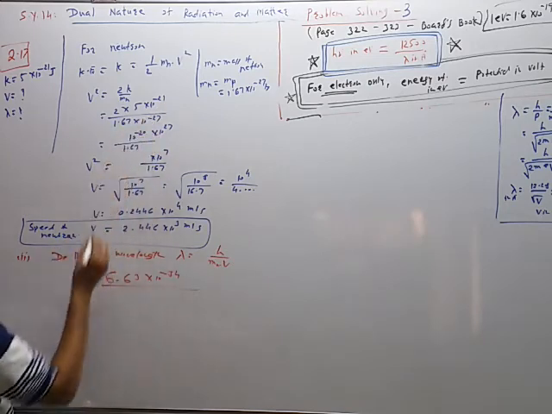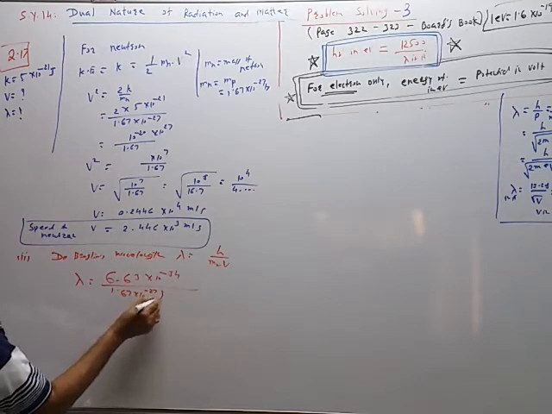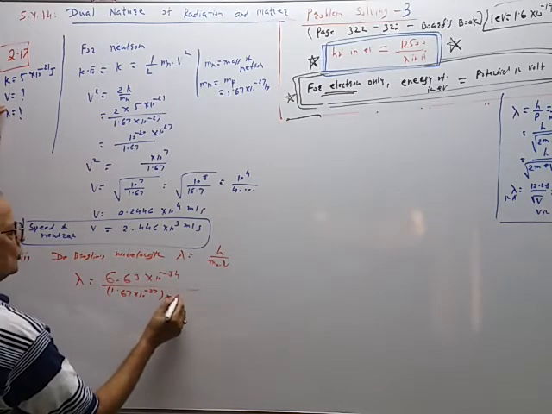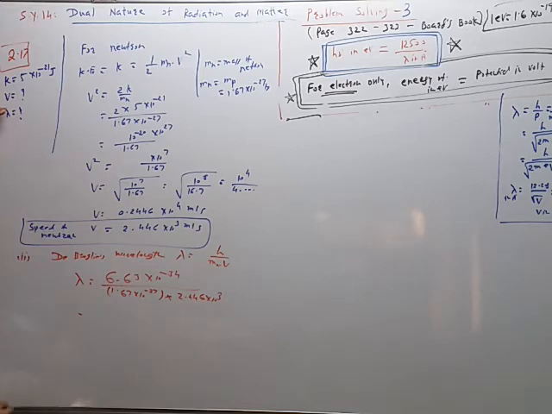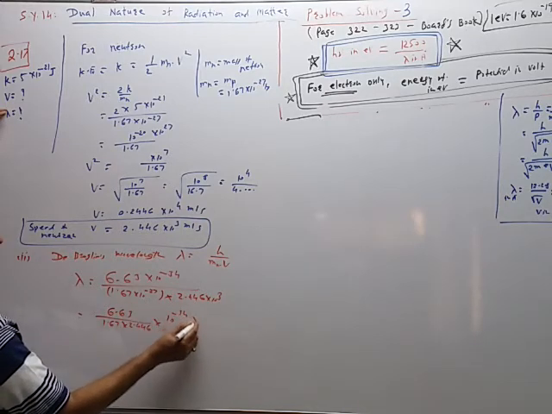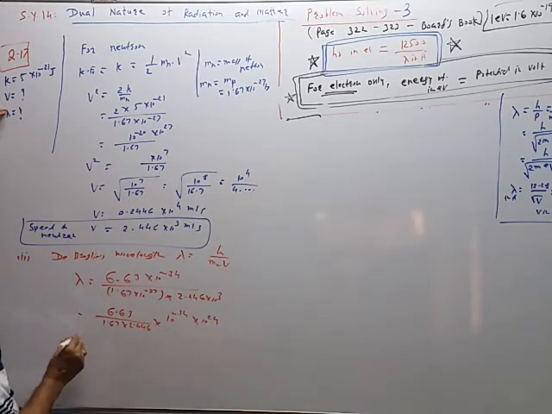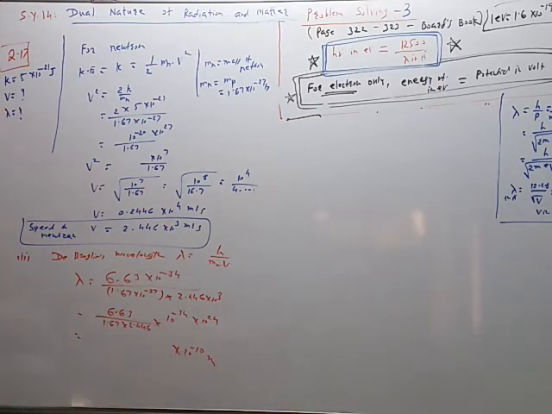Mass of the neutron, just now we have substituted, 1.67 into 10 raised to minus 27, and speed 2.446 into 10 raised to 3 meters per second. So 6.63 upon 1.67 into 2.446, and 10 to the power minus 34, and this is minus 24, it will become plus. So 10 raised to minus 10 meter, and this value will be 1.30.